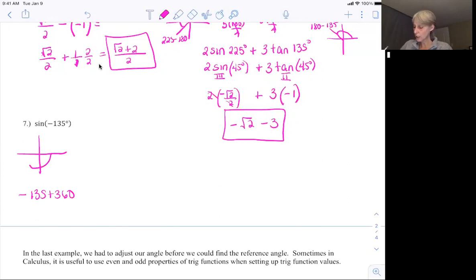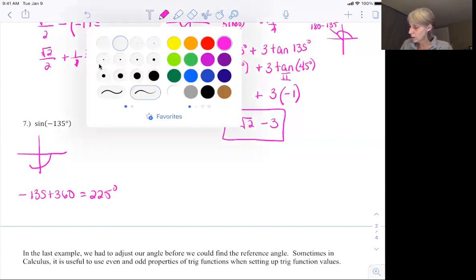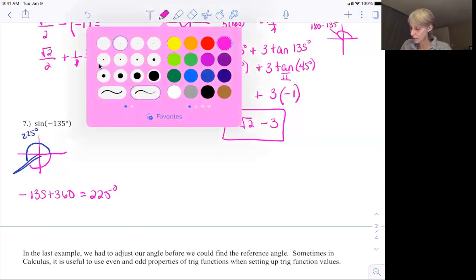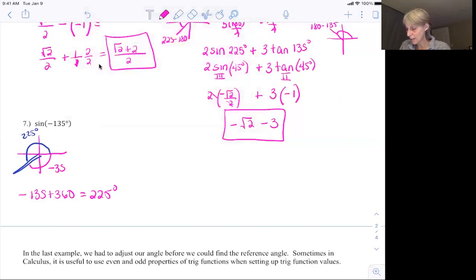If you do negative 135 plus 360, we're really opening up 225 degrees in that direction. Okay, so negative 135 is the same as opening up an angle of 225.